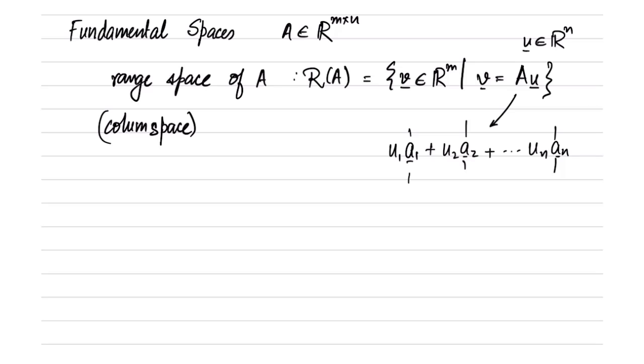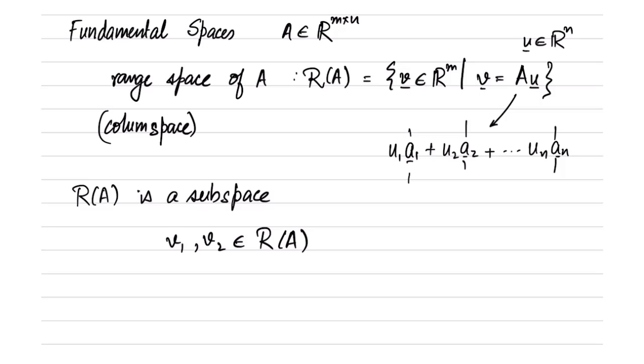You must have seen this notion that the range space of A is a subspace. So that is to say that if v1 and v2 are two elements in R of A, remember that v1 and v2 are vectors of size m cross 1, this would imply that there exist some u1 and u2 such that v1 is equal to A times u1 and v2 is equal to A times u2.